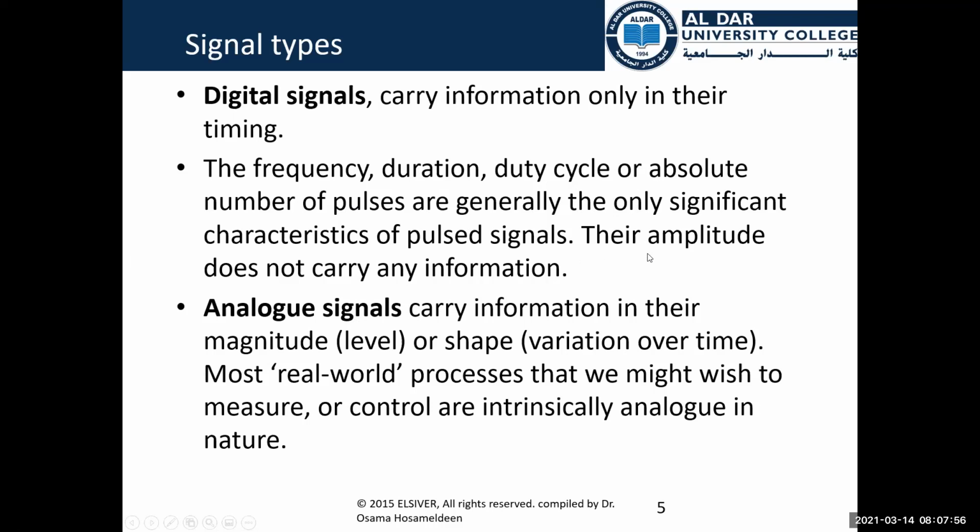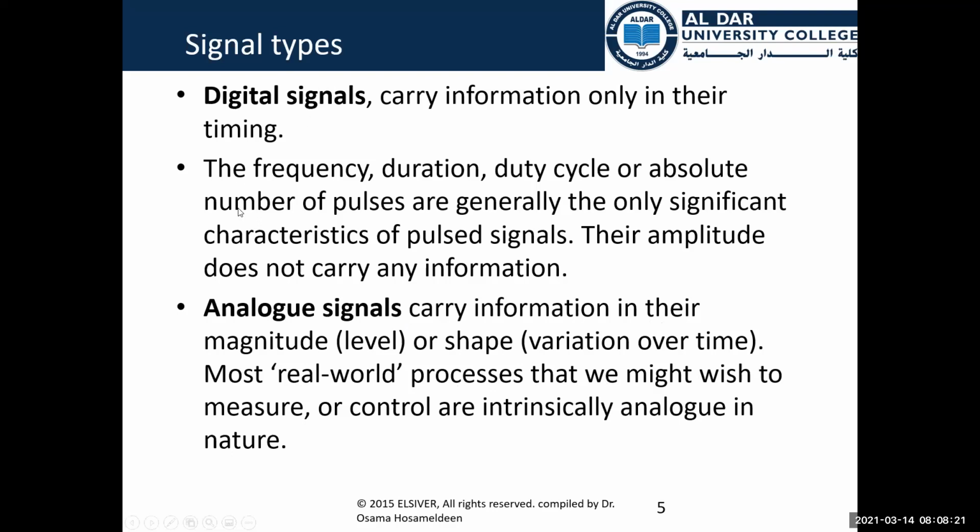The amplitude of the signal doesn't carry information. But in analog signal, the information is carried on the magnitude or the shape of the signal or the variation over time. Most real world processes are measured using analog signal.